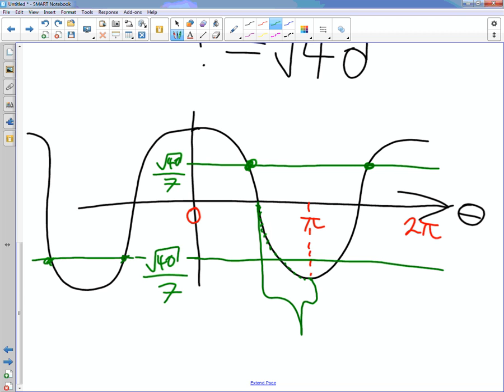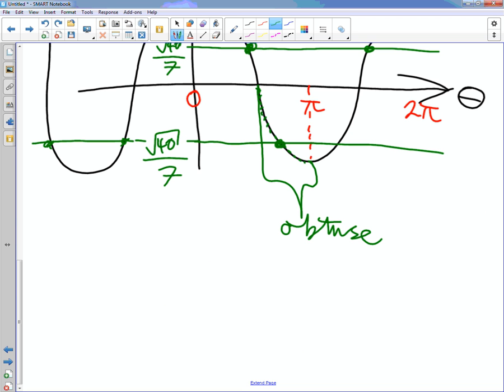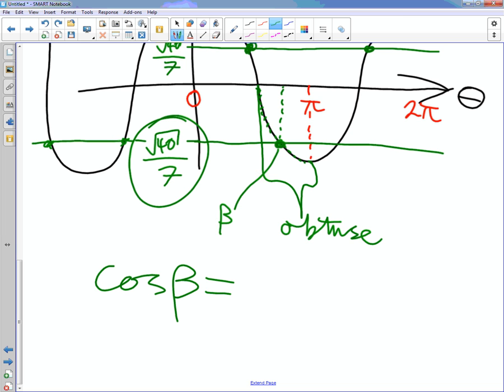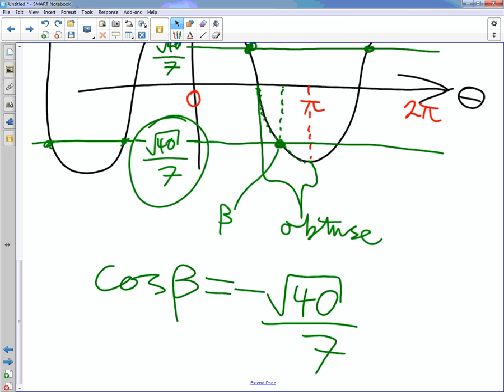One of these intersections, and one alone, is within the obtuse zone of this diagram. So, we don't care about what that angle actually is. We don't care about what beta actually is. We care about the value of cos beta. So, cos beta equals negative root 40 divided by 7. And that's the end of that question.